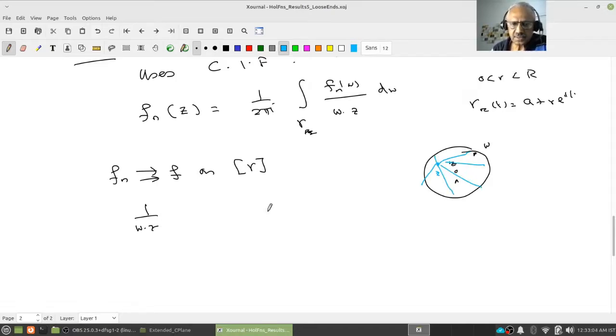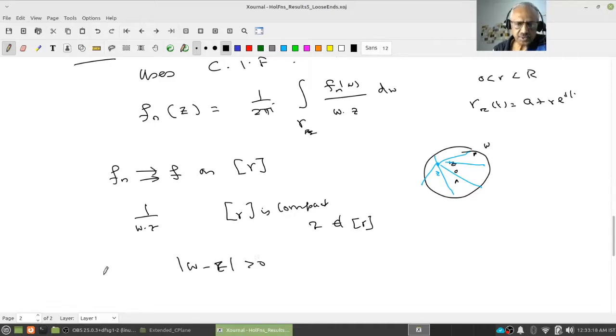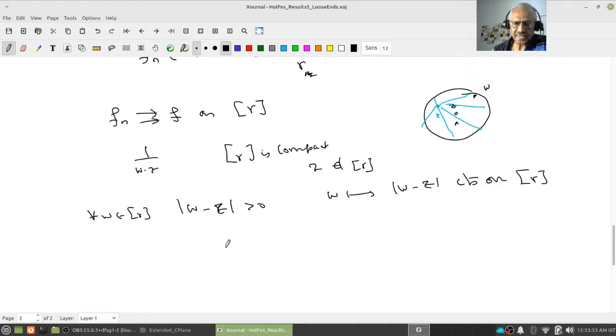Since gamma is compact and z is not on gamma, modulus w minus z is positive for all w in gamma, right? Now w going to mod w minus z is a continuous function on the path gamma, and it's not 0, therefore it attains a minimum.